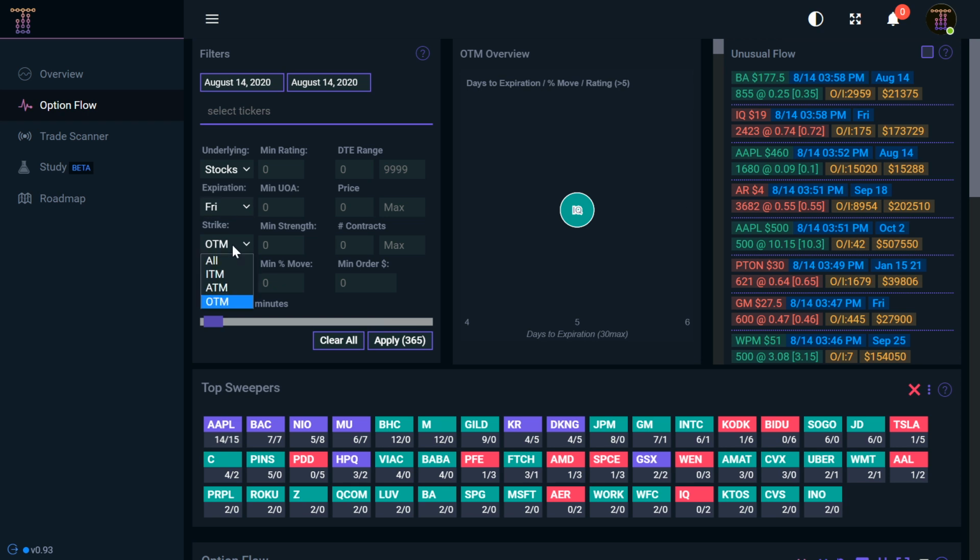Then you have at the money, in the money, and out of the money. In the money is the only 100% guaranteed value, because you hold that intrinsic value. If you buy an out of the money strike, you basically can be risking 100% of that premium when you buy it, because out of the money only holds extrinsic hype value. There is no actual value tied to it.